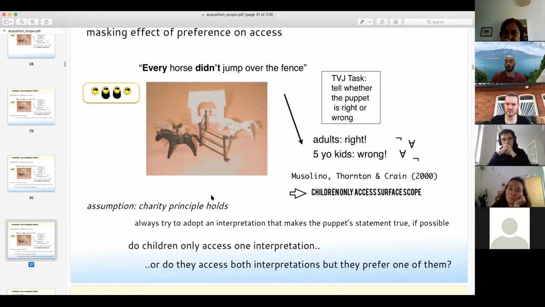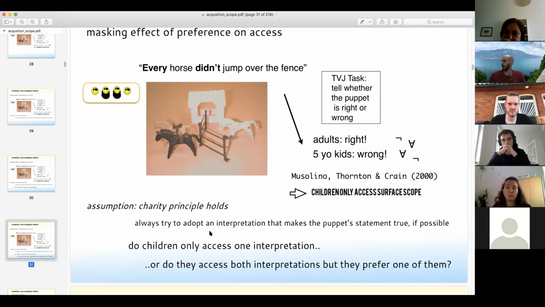You must assume that this pragmatic principle holds, which is the charity principle, okay? Which says always try to adopt an interpretation that makes the puppet statement true, if possible. So always try to say that the puppet is true if you can.